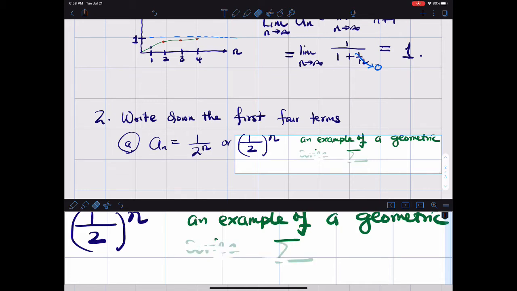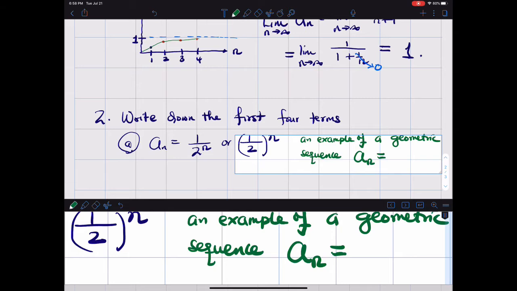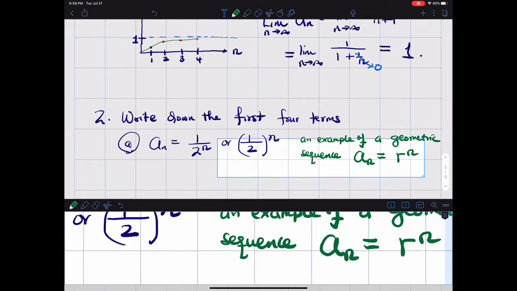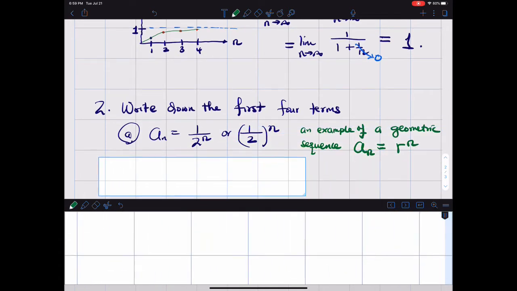Geometric sequence, not series. So a geometric sequence usually has the form a_n is equal to r to the power of n. So in this case, our r is 1/2. But we'll come back to this.